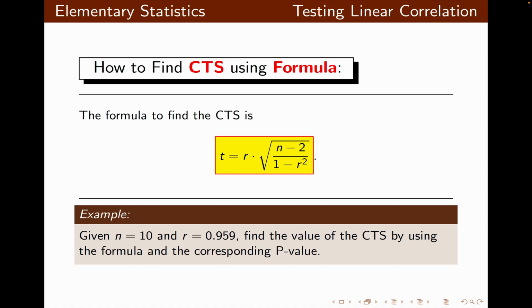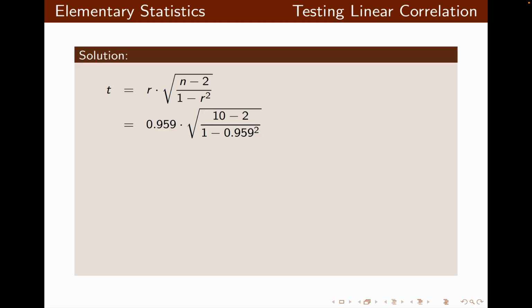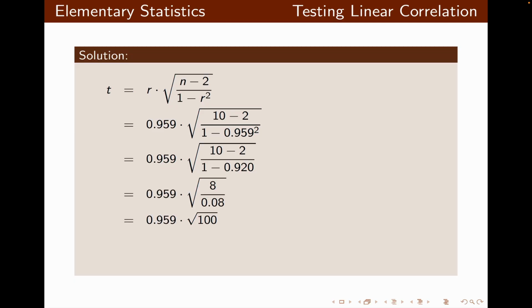We want to find the test statistic by using the formula and the corresponding p-value. Plug in the values. Simplify. Simplify more. And our test statistic t is 9.59.